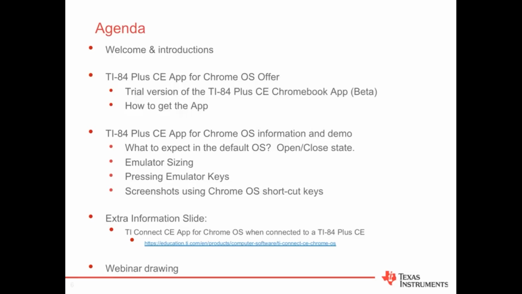We'll also quickly cover a solution we have for students that have 84 Plus CEs and need to connect to their Chromebook. We're going to wrap up at the very end with a webinar drawing, so hopefully stick around all the way to the end and take part in that. So that's our agenda, and we'll be looking at the Q&A, hopefully answering your questions as we go.